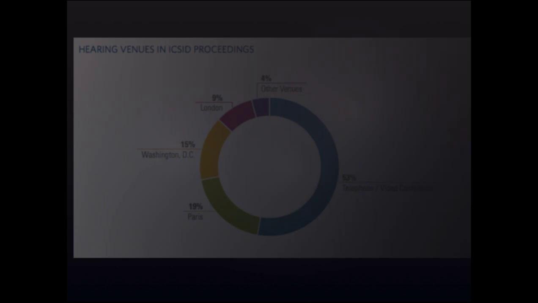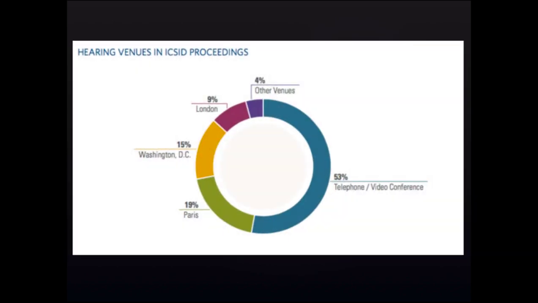As you can see, many of the hearings have been done by telephone or video conference in order to reduce costs. But many are also done in some of the major capitals like Paris, Washington, and London. This is because ICSID has offices and facilities in Paris, Washington, and London available for the parties to use.